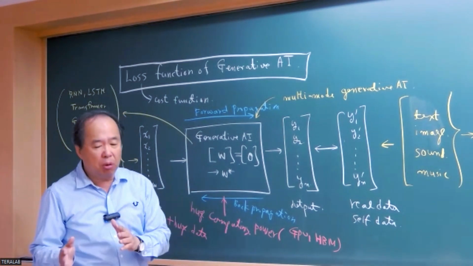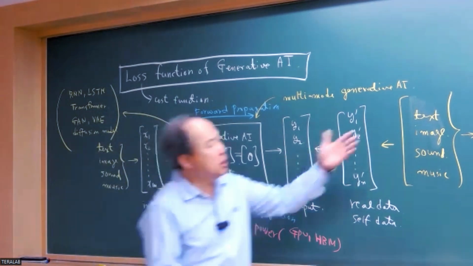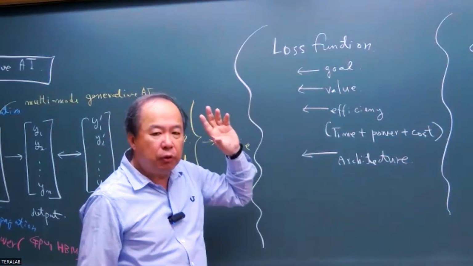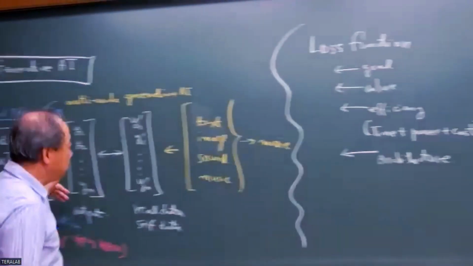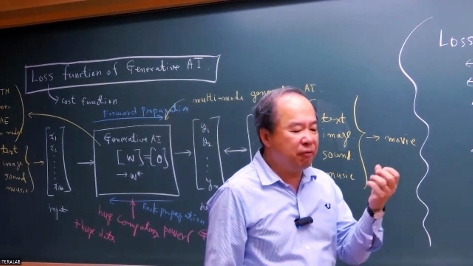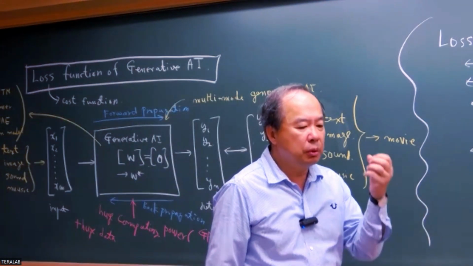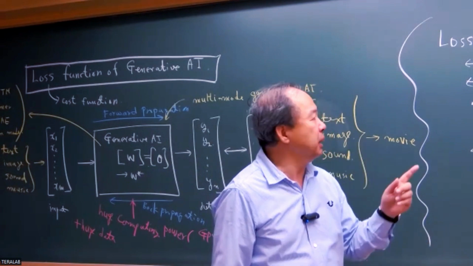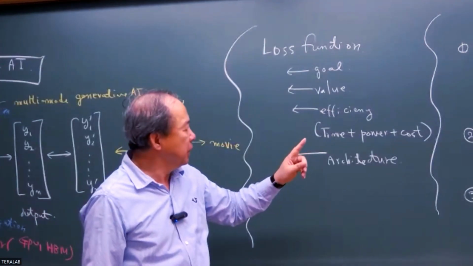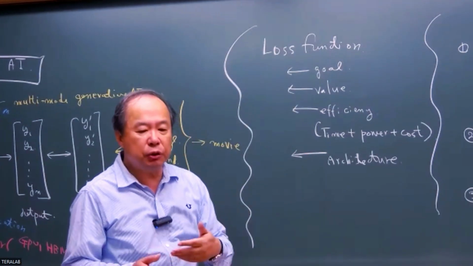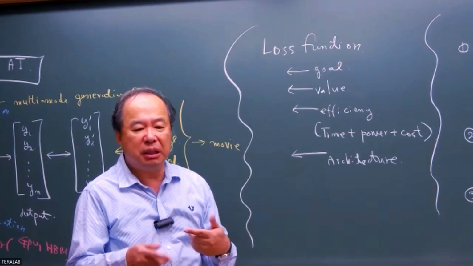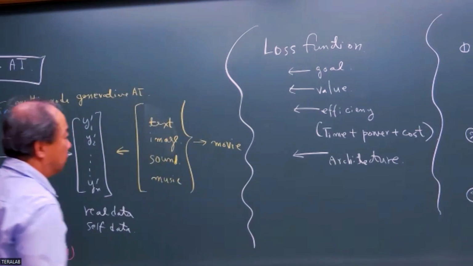What is right and wrong is your value system, which defines your goal of generative AI. And of course, when we start the back propagation, we have to represent a mathematical formula to apply your philosophy and value system. That is called the loss function. If you define a loss function, you have to be able to derive its gradient, its derivative, and then we can start the back propagation.